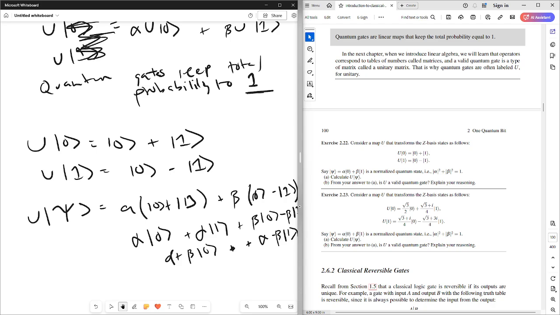So no, this is not a valid quantum gate. So this is equal to 2. So if we norm square these, we get alpha plus beta and alpha minus beta squared. We know that this equals 1. It's alpha squared plus beta squared equals 1.